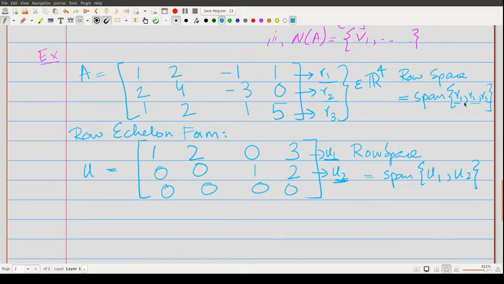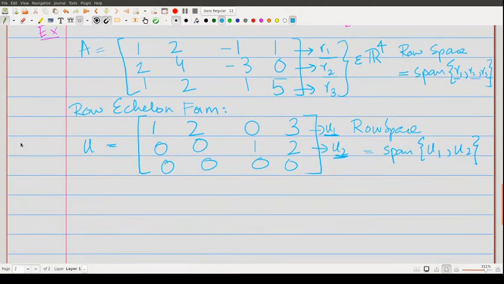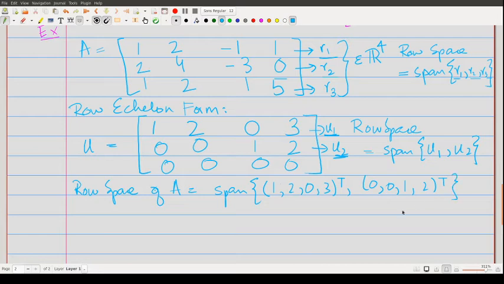So we don't have three vectors in the span, we have only two, and the row space of A is equal to the span of (1, 2, 0, 3) transpose and (0, 0, 1, 2) transpose, because I'm guaranteed by the theorem that these two will have the same row space.